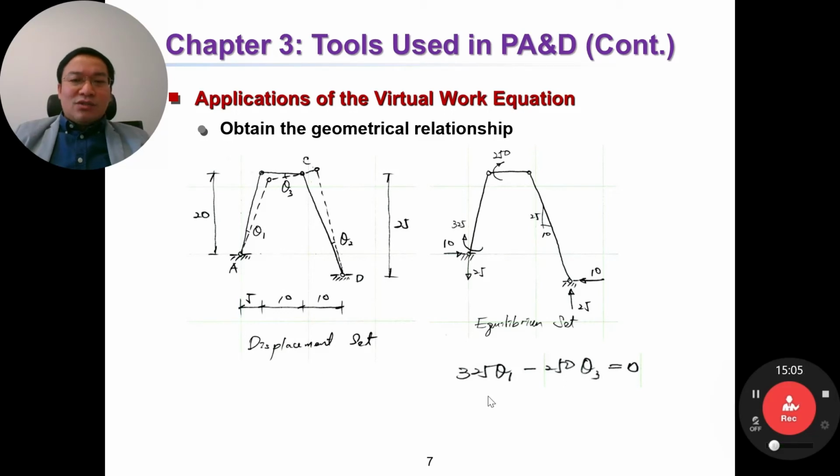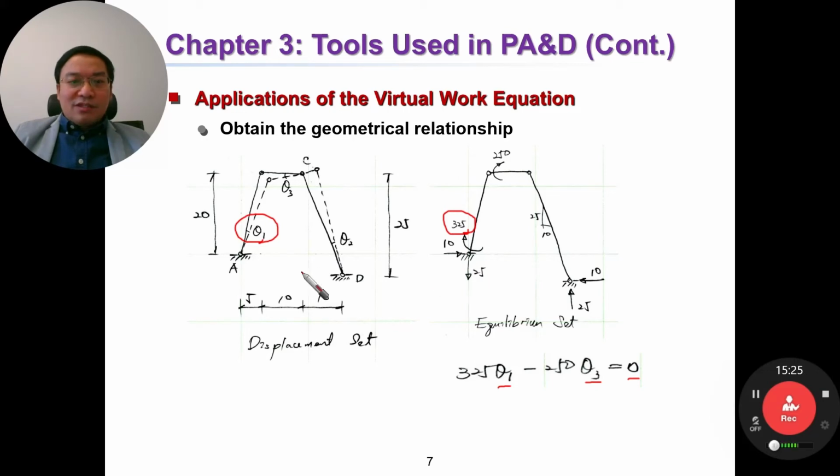External work equal to 0, and internal work equal to theta 1 multiplied by this. Sorry, here we make a relationship between theta 1 and theta 3, not theta 2, right? Theta 1 and theta 3, I'm sorry.